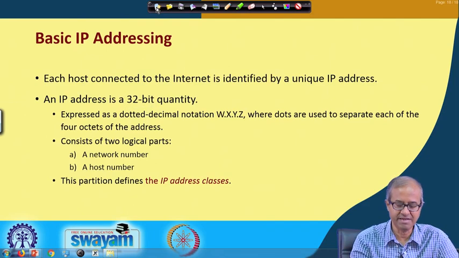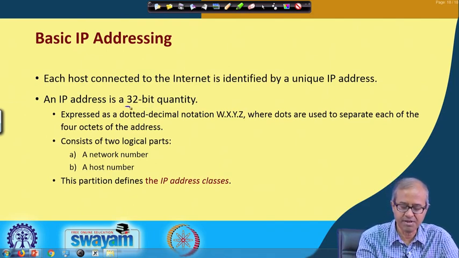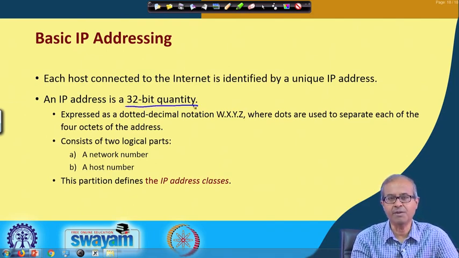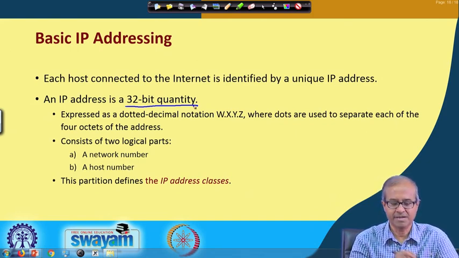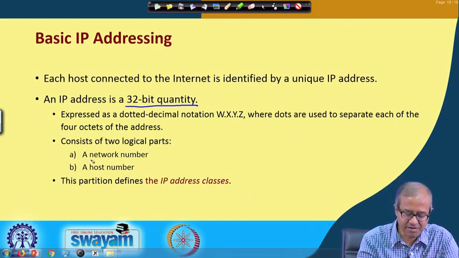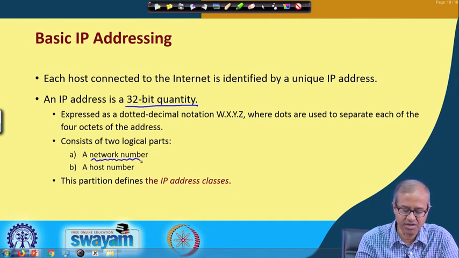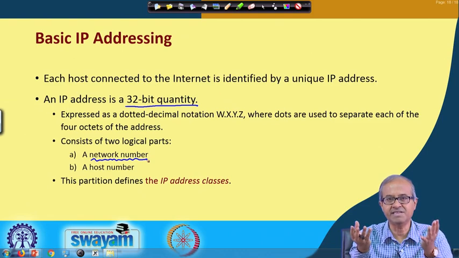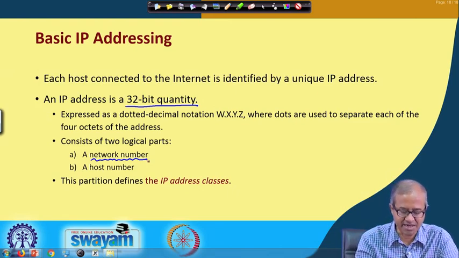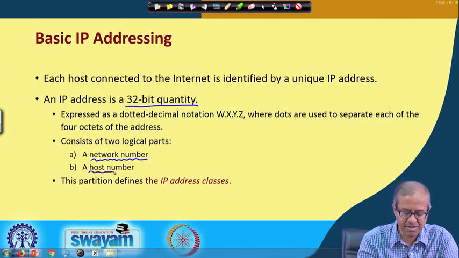Now, we shall see that this 32-bit network address has two parts. The first part identifies a network. There are many networks in the world. Internet is essentially a network of networks. So, the first part will identify which network I am talking about, and the second part identifies a host.